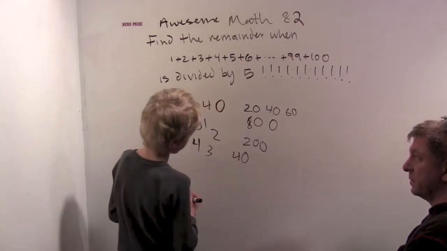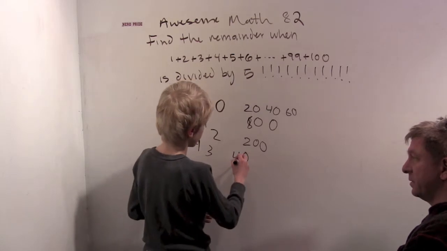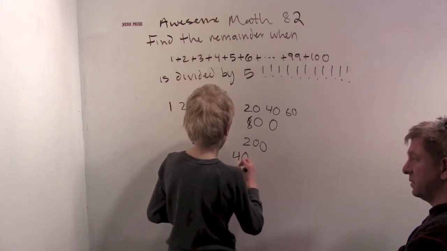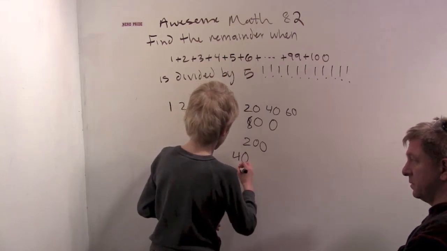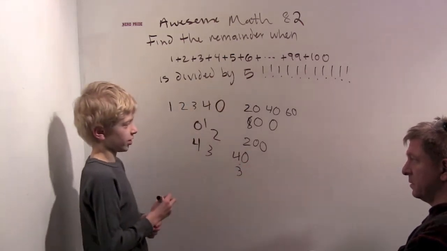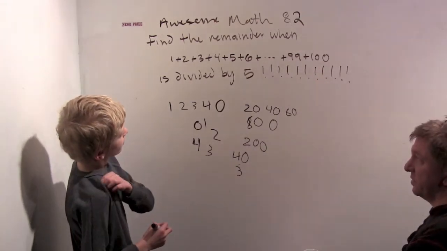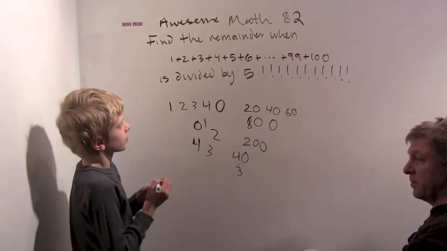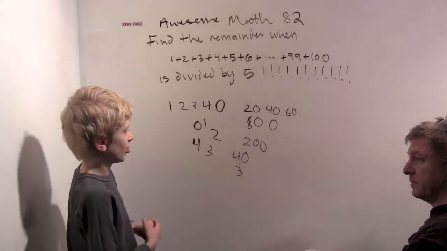So what does that mean the remainder is? Well, this is 8 times 5, so the remainder is 3. Huh. So you think for this sum, the remainder is going to be 3? Maybe I messed up somewhere.